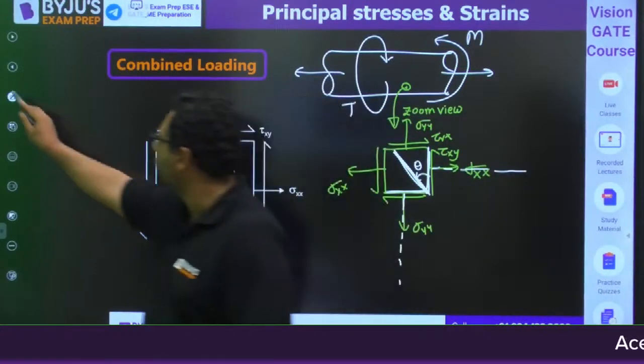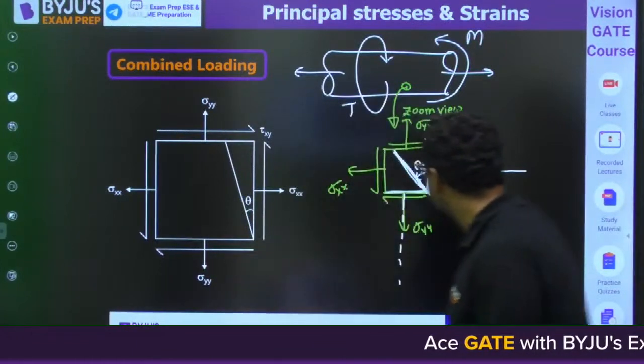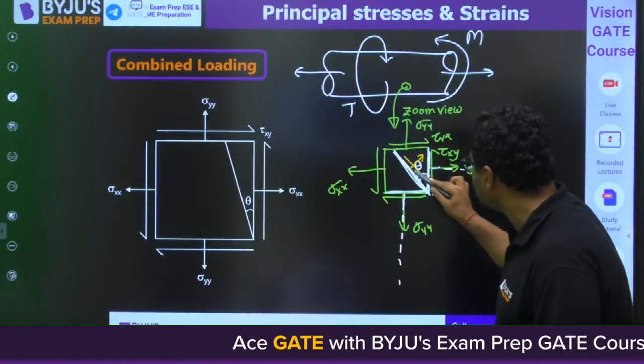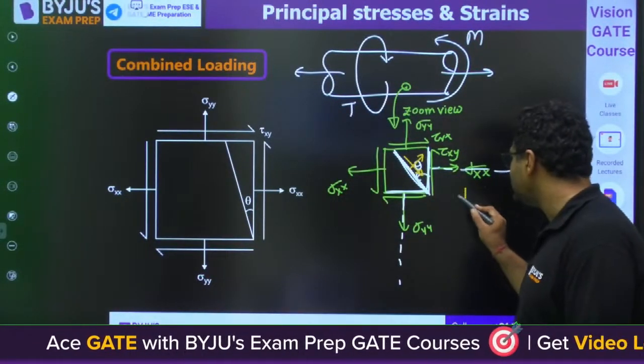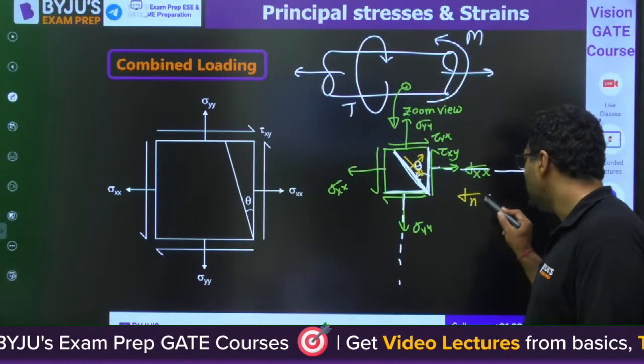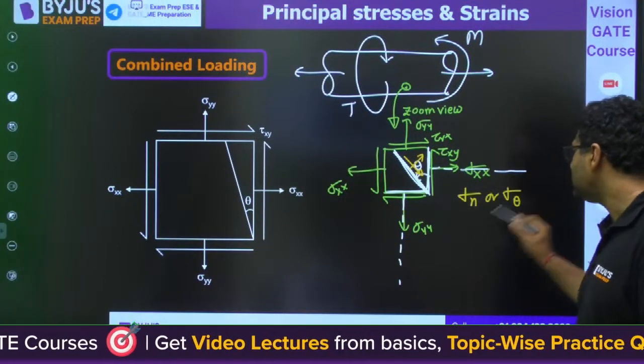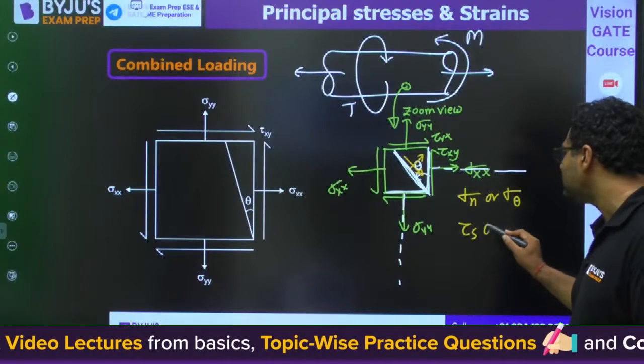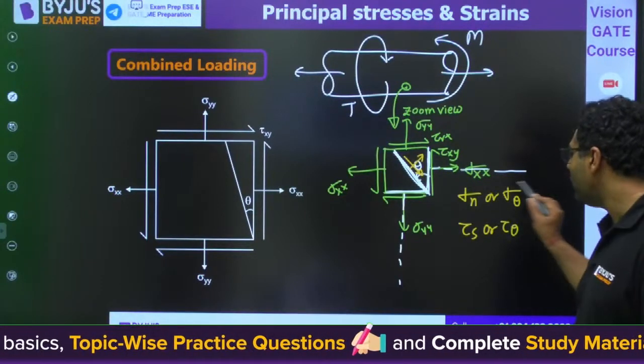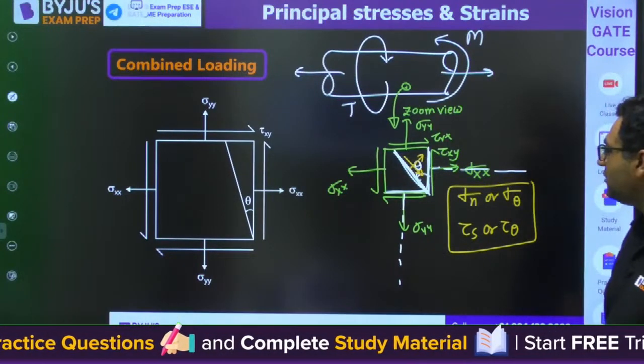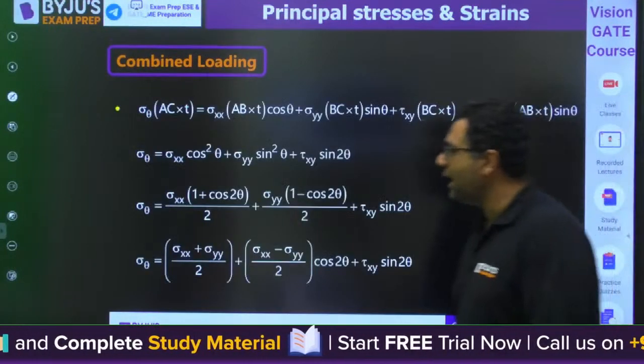Let us assume the normal stress acting on this plane is this one, and the shear stress is acting like this one. The normal stress I denote with sigma n or sigma theta. The shear stress I denote with tau s or tau theta.